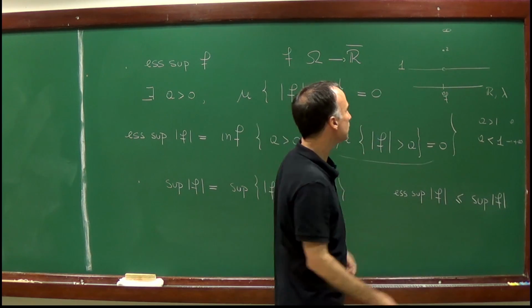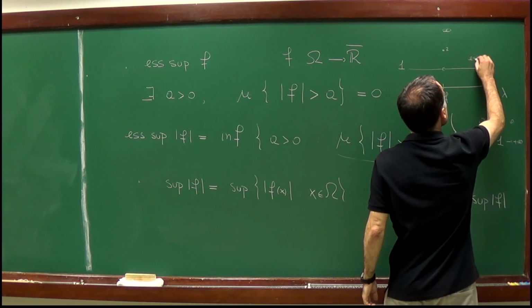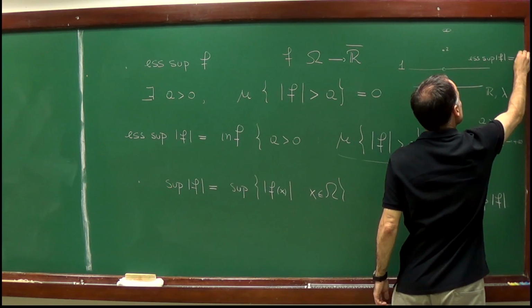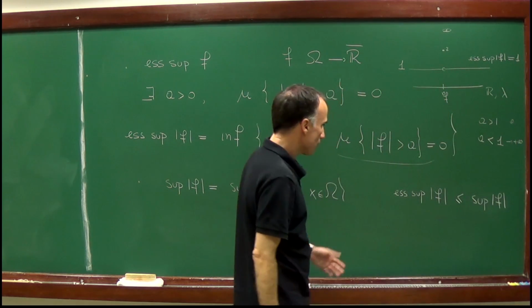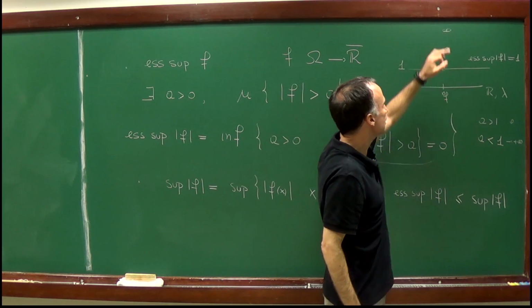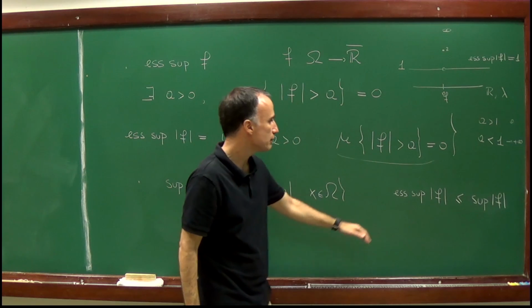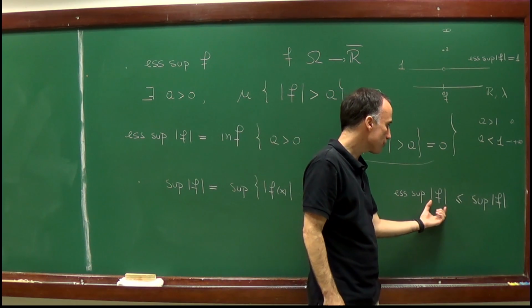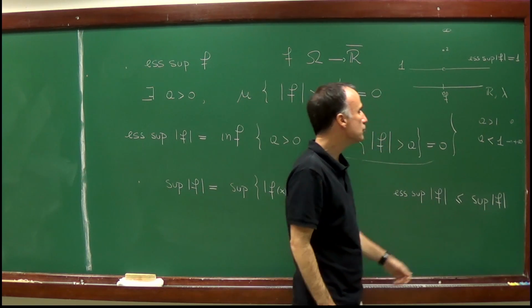So in this example, the essential supremum of f is 1. Well, but the supremum of f in this example is 2, or can be equal to plus infinity. So we have here an example in which the essential supremum of a function is really smaller than its supremum.